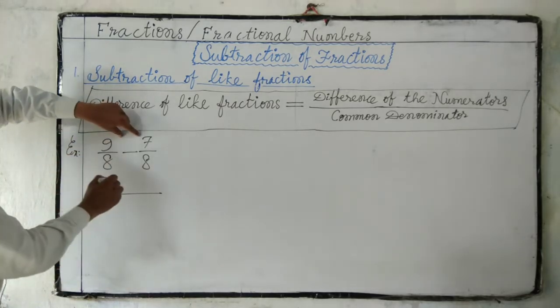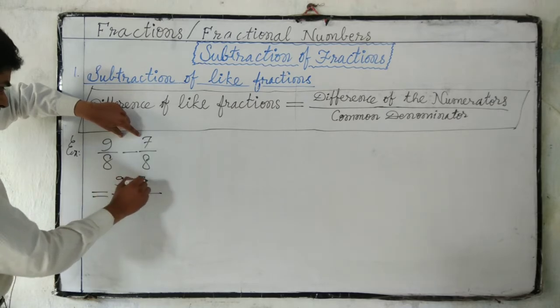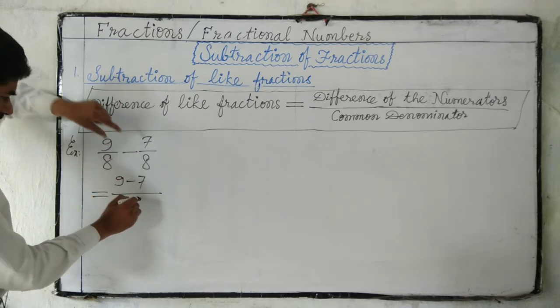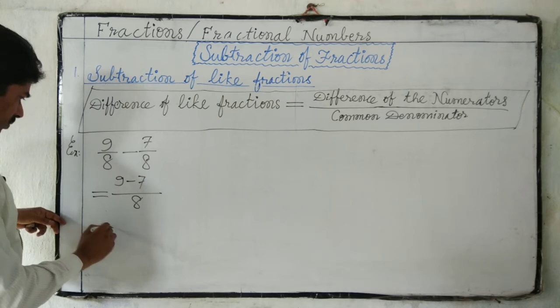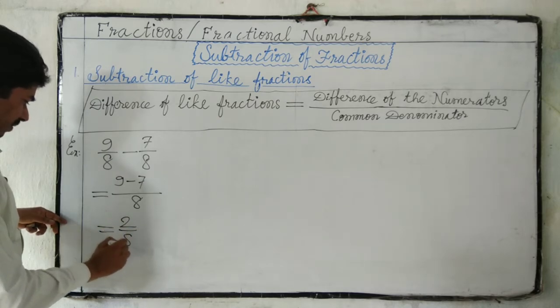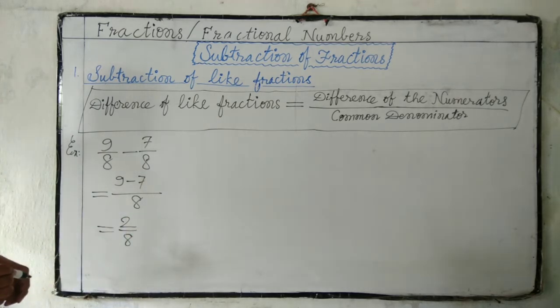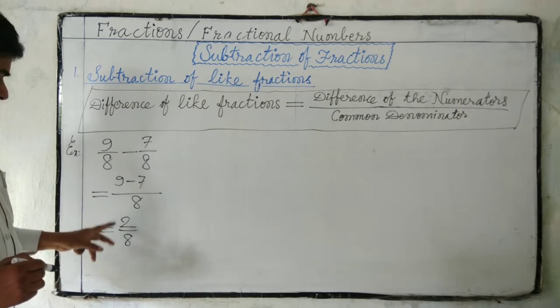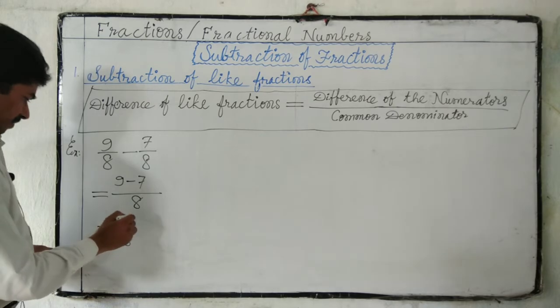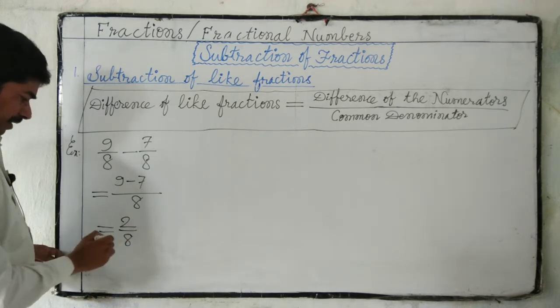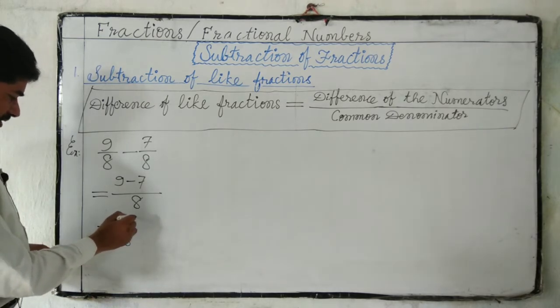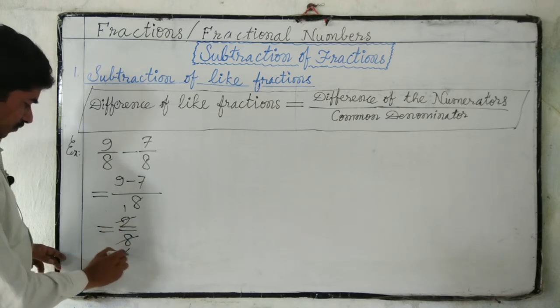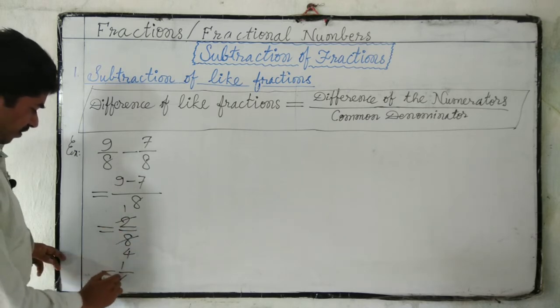Take the difference of the numerators: 9 minus 7 over the common denominator 8, which is 2/8. We have to keep the answer always in simplest form, so we cancel by taking a common factor. 2 ones are 2, 2 fours are 8. So 1/4.